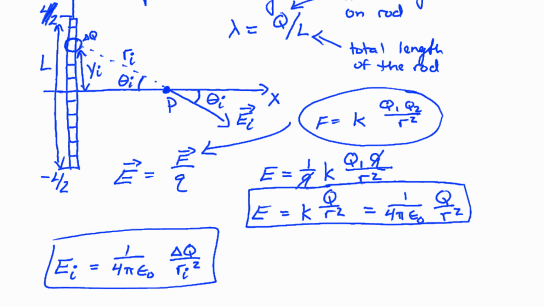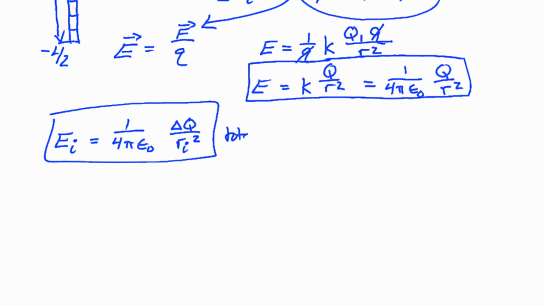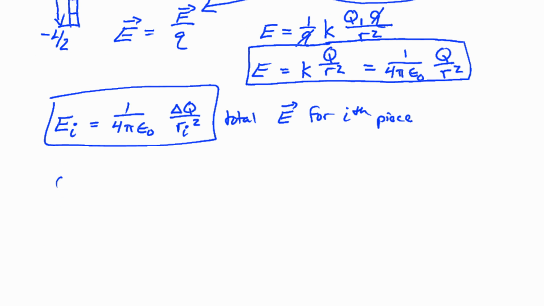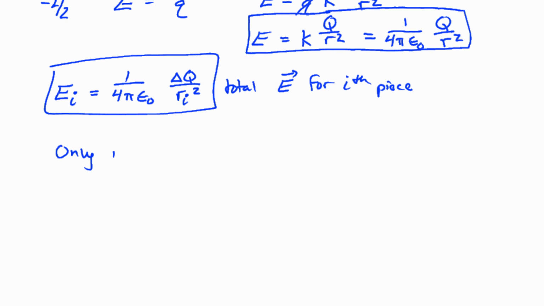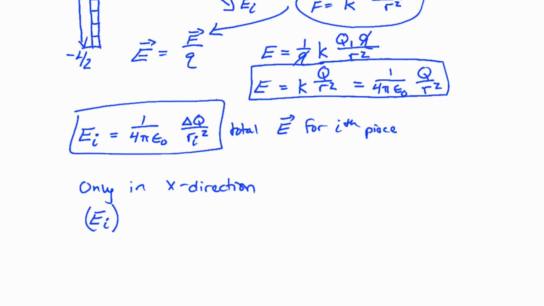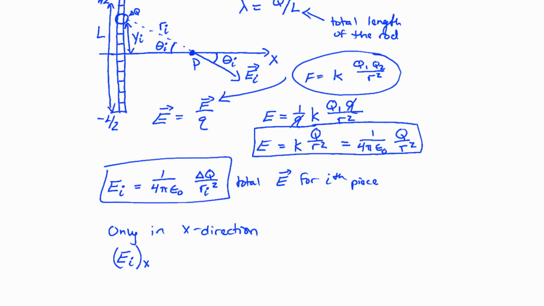So let's go ahead and focus on what's going on in the x direction. So what I have here is the total electric field for the ith piece. Now I want only what's going on in the x direction. So we'll write sub x there, so I know that I'm only focusing on that x direction.